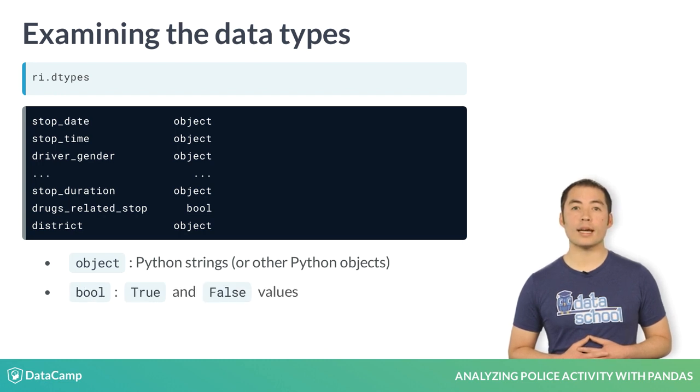The bool data type is short for Boolean, which means that a series is made up of true and false values. Pandas also supports other data types, such as int for integers, float for floating point values, datetime for dates and times, and category for categorical variables.